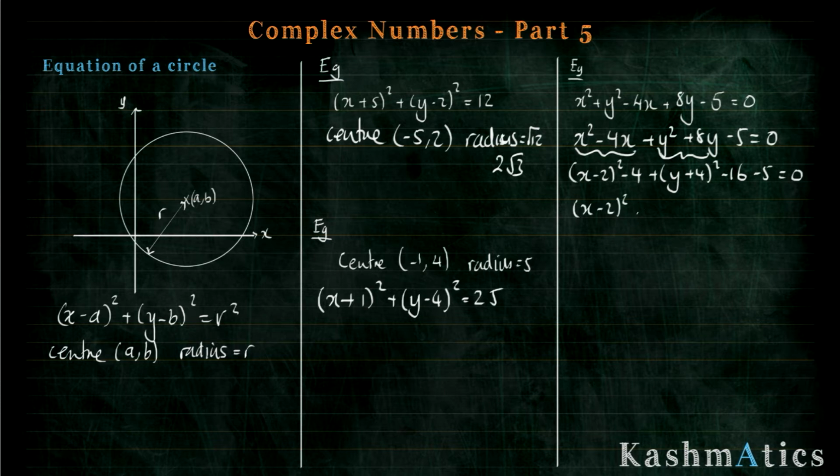So (x minus 2) all squared, add (y add 4) all squared. Now minus 4, minus 16 and minus 5 make minus 25, and if I move that to the other side I get 25. So in this case the centre will be at (2, minus 4) and the radius will equal 5.